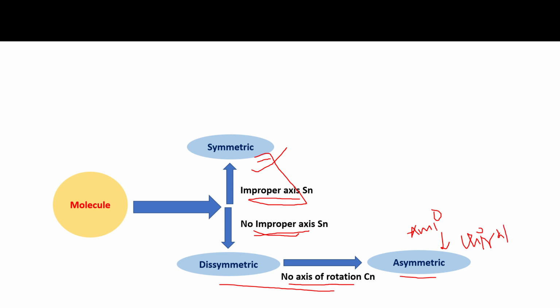Amino acids other than glycine. If you draw glycine, there will be two hydrogens, NH2 and COOH. So this is not an asymmetric molecule, unlike any other amino acid, which are asymmetric and also examples of chiral molecules.